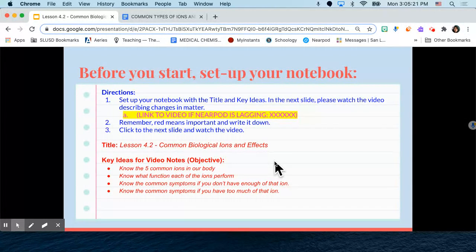Later on in this unit, we're going to talk about more accurate tests to figure out which ions a person has at too high a concentration, or too much of, or too low a concentration, or too little of, in their body.